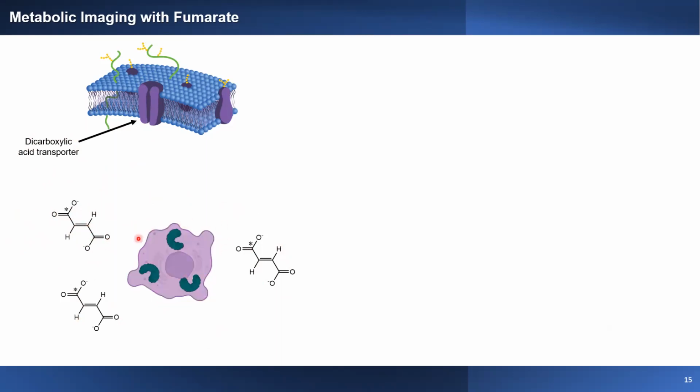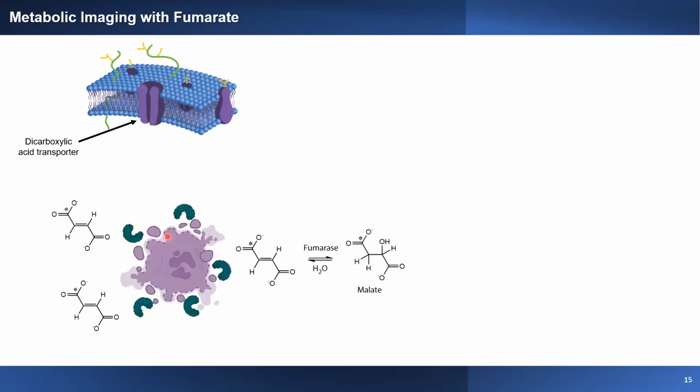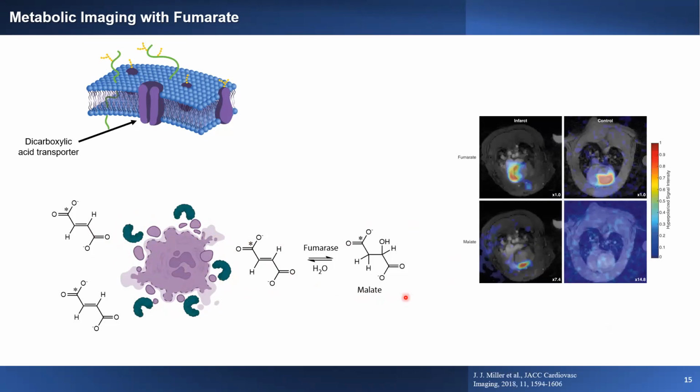But if the cell is undergoing necrosis and the cell membrane is ruptured, these enzymes, fumarase, can enter the extracellular space and convert the fumarate into malate. So hyperpolarized fumarate is a marker in vivo for cell necrosis.